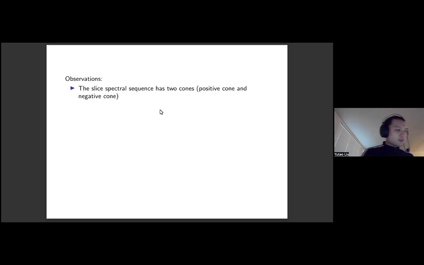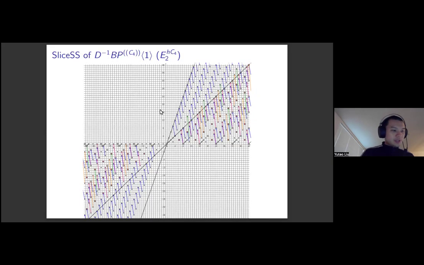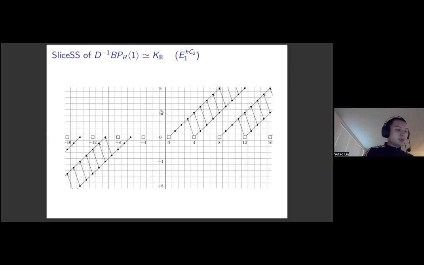Observation 1: the slice spectral sequence can be divided into two cones. We call the right one the positive cone, and we call the left one the negative cone. If you go back to this graph, as you can see, there are two conical regions. Also, our previous example on KR has two cones, just simpler than the other example.